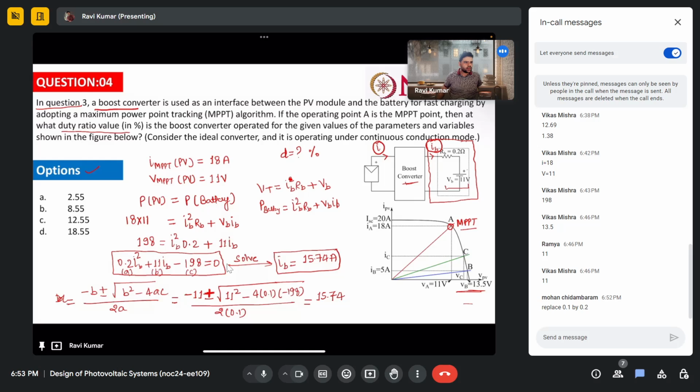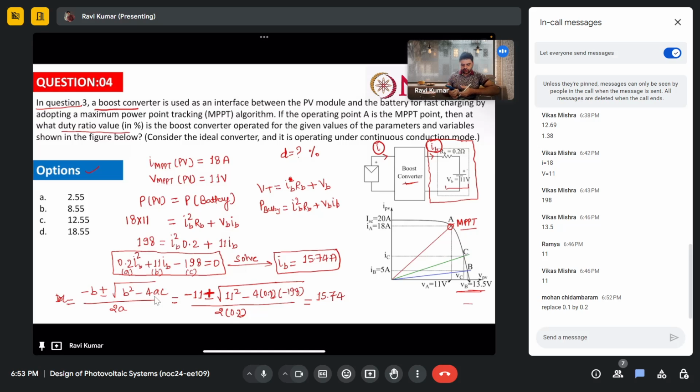Where did I make a mistake? It is 0.2. Yes, A is 0.2. Yes, you are right.